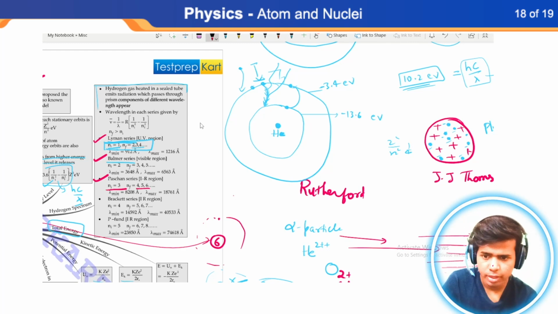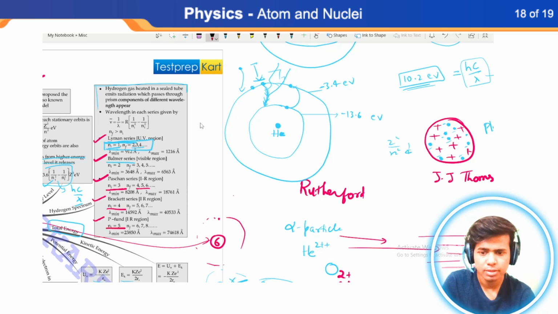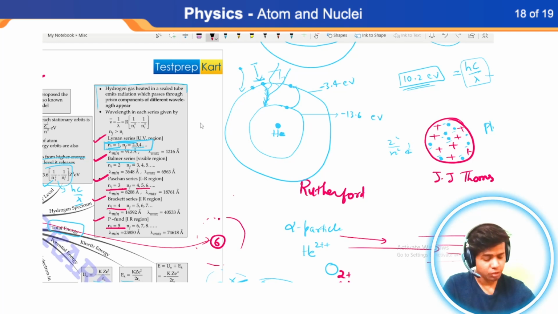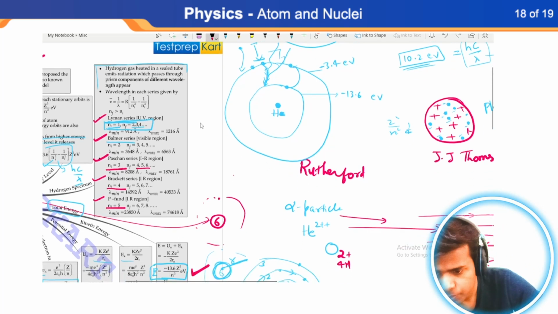So Paschen series for initially electron at third, Brackett for initially electron at fourth, Pfund for initially electron at 5. It will only go higher, and while coming back, it will release a photon or electromagnetic radiation having energy equal to the difference in the energy level of consecutive shells.